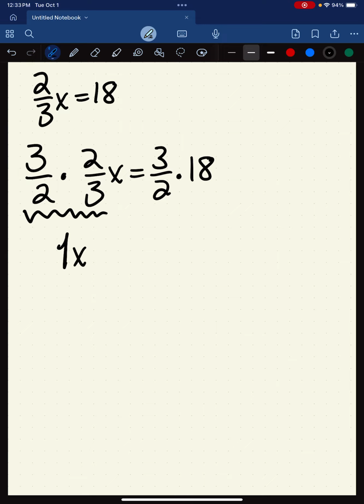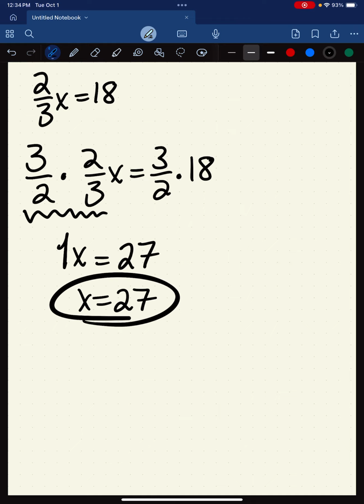So we get 1x is equal to 3 halves times 18, which is 3 times 9, which is 27. So x is 27.